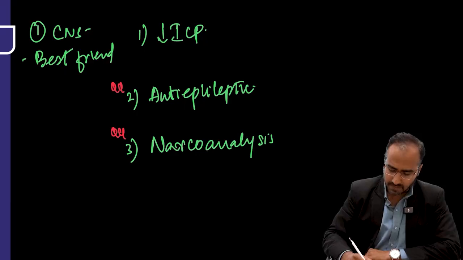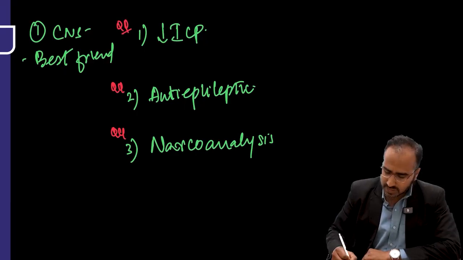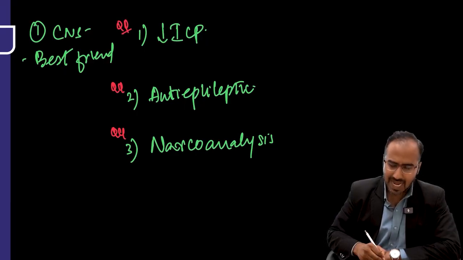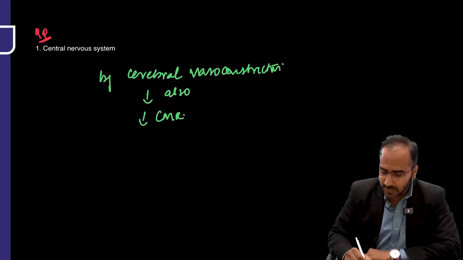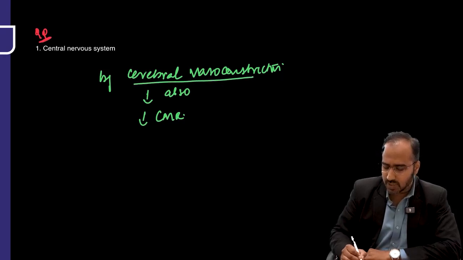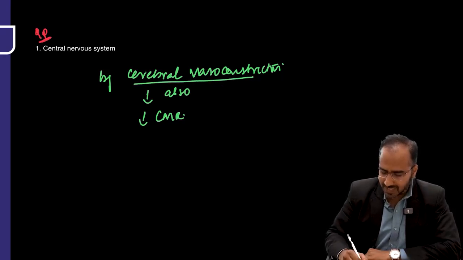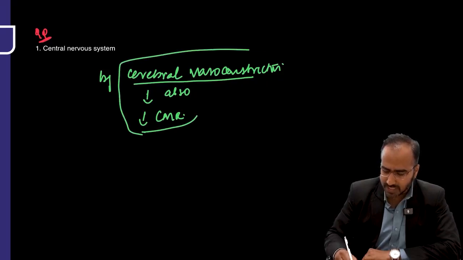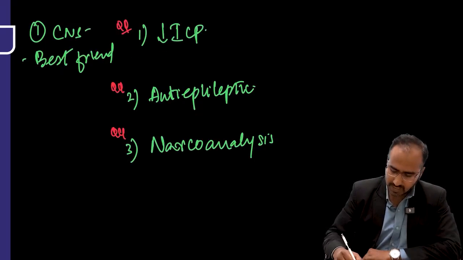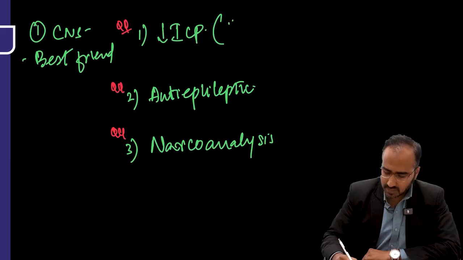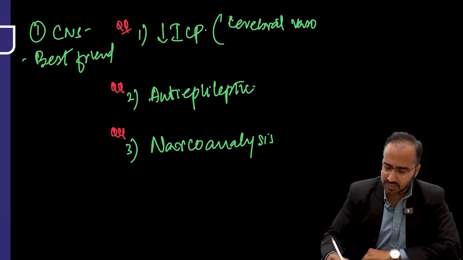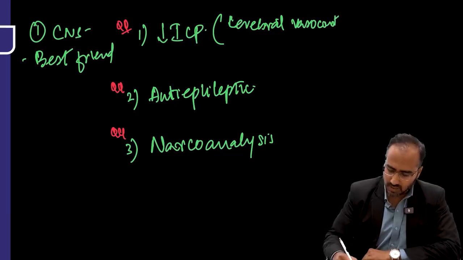All 3 are important. How is sodium thiopentone decreasing the ICP? Sodium thiopentone causes cerebral vasoconstriction, which decreases the ICP, and it also decreases the cerebral metabolic rate.